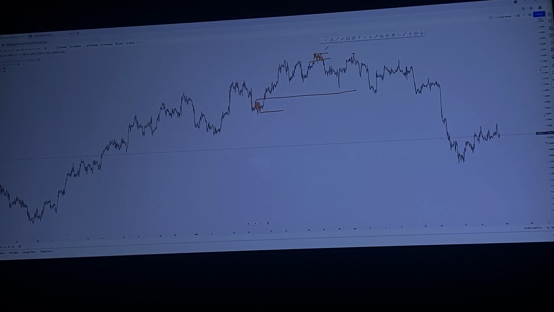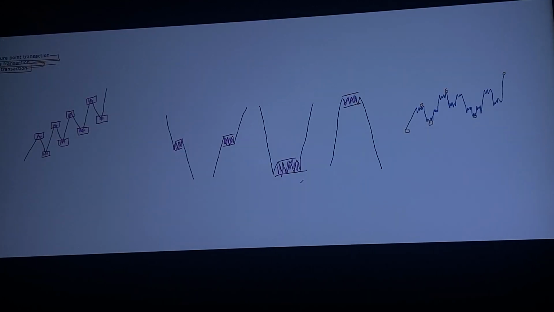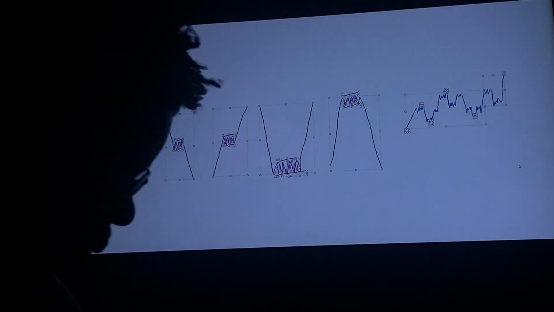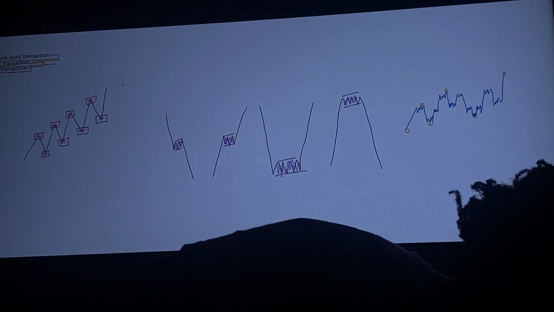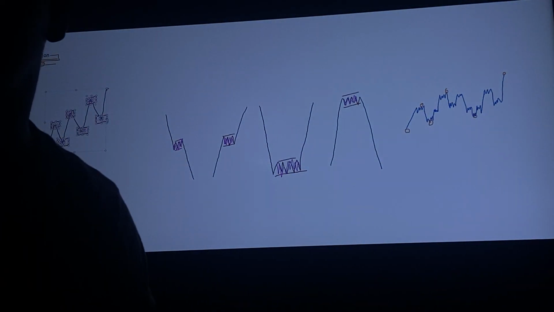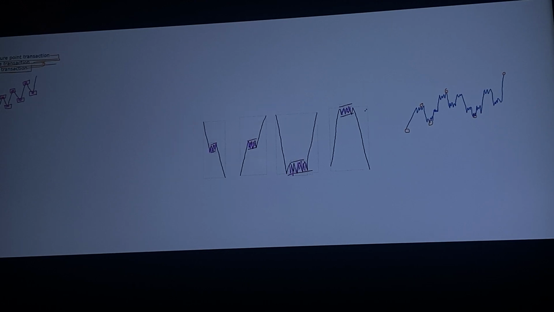So now, the kind of type of transactions we have now, I know that every other one is simply useless. What really matters is the range.